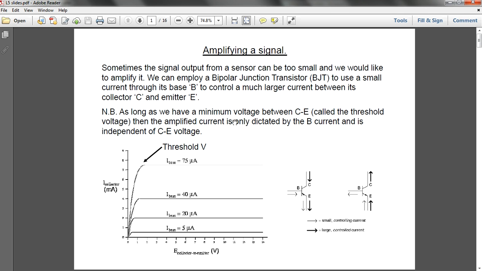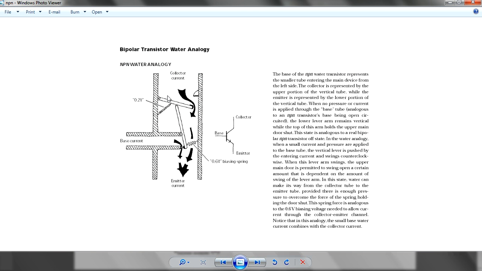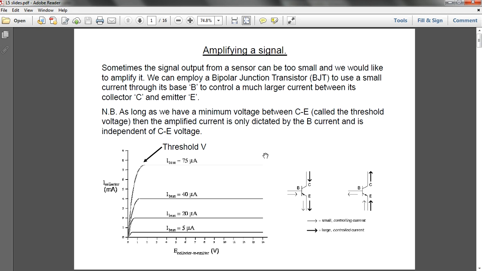This NPN PNP structure deals with a collector, this is the collector, this is the base, this is the emitter. Typically you have to put in a base current in order to have certain movement. Here you put in a base current, I base, of 75 microamperes.